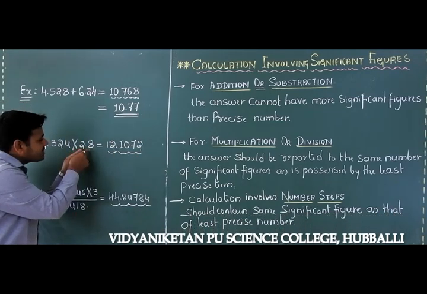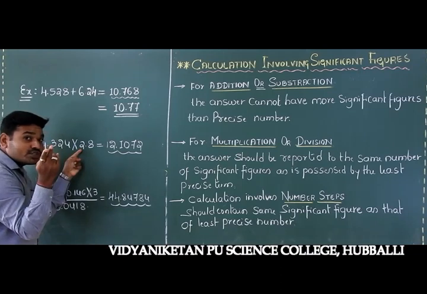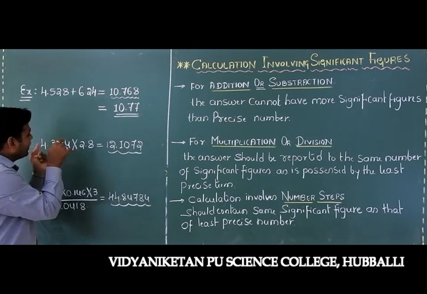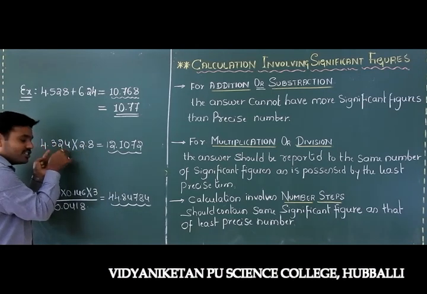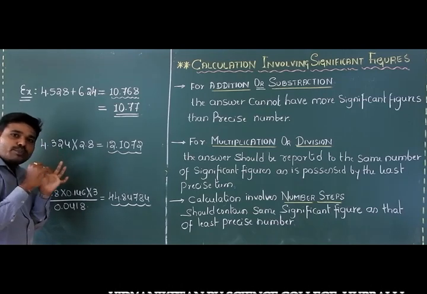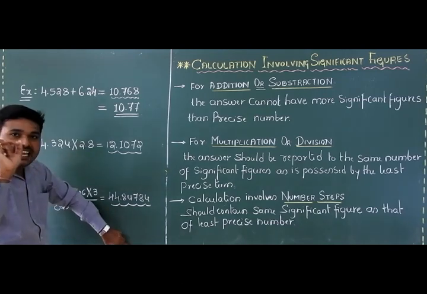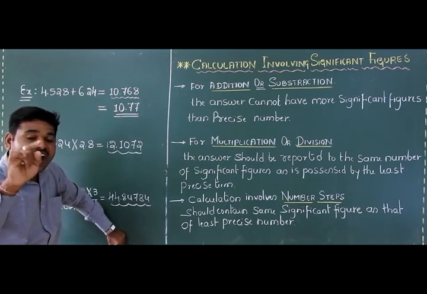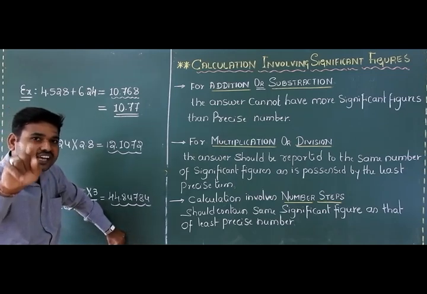So how many significant figures? 2 significant figures. That means the result should be reported with the same significant figures as possessed by the least precise term.